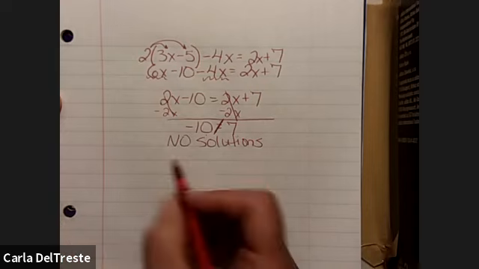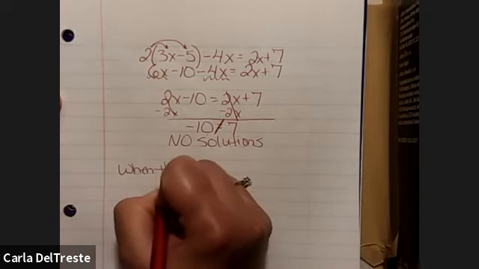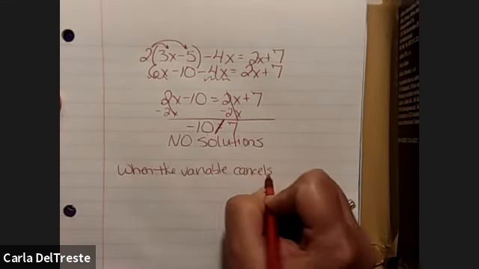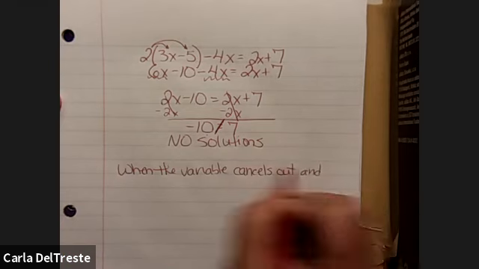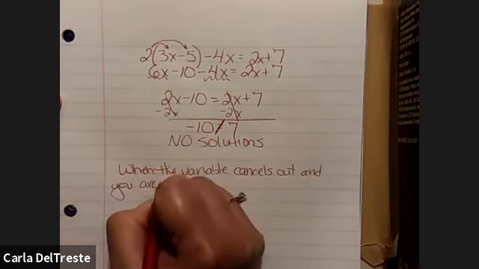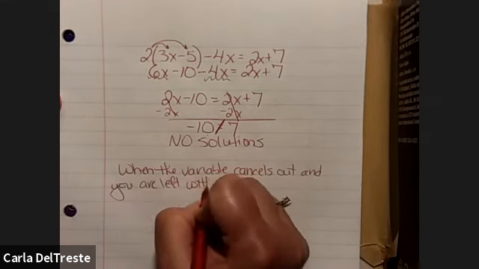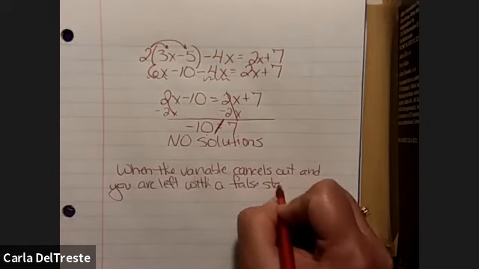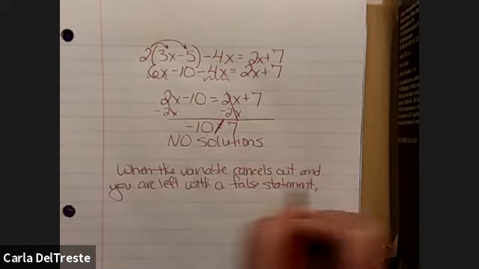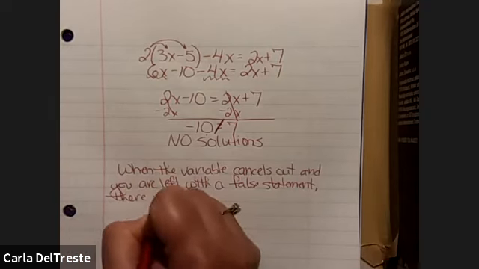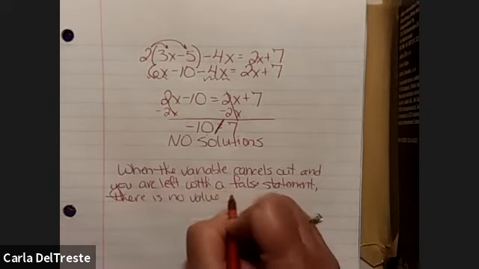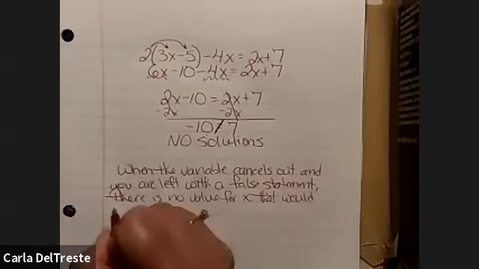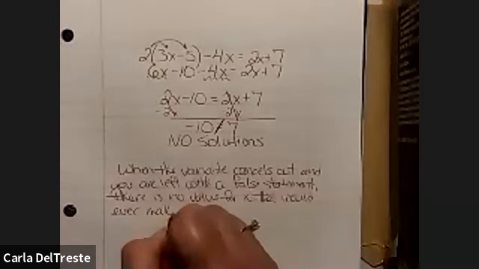Let's put in words what we just saw. When the variable cancels out and you are left with a false statement, there is no value for x that would ever make it true.